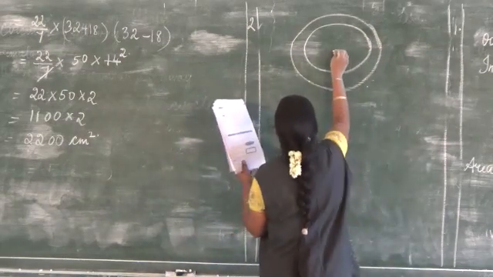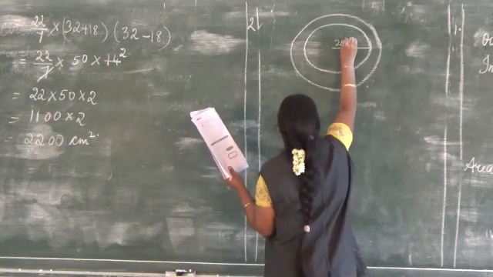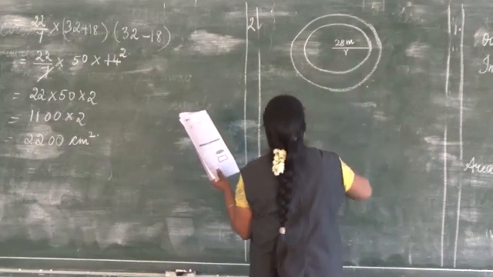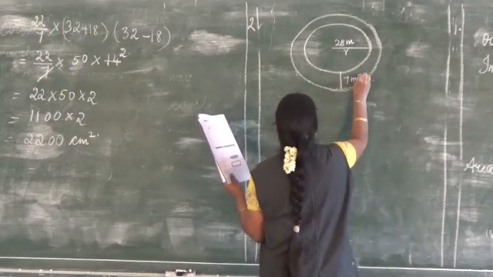So 28 meter they have given, this is small r, the width they have given us 7 meter.